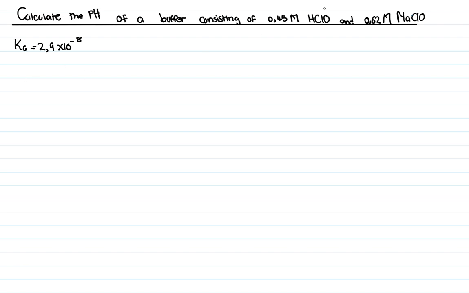So we're going to have a weak acid. So remember, to have a buffer, we must have a weak acid and its conjugate base. So what you're looking at here is this guy is a weak acid and that guy is its conjugate base.